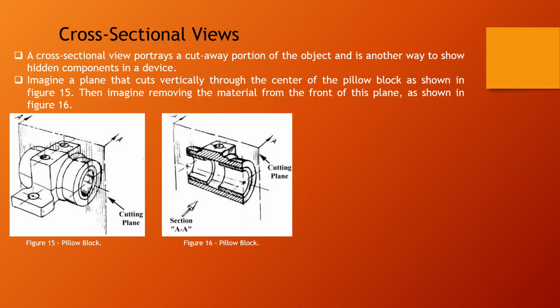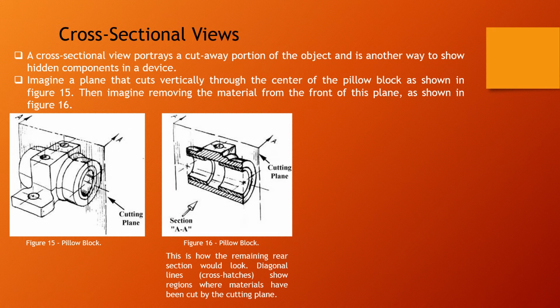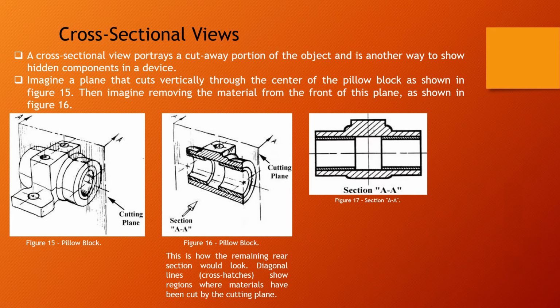Then imagine removing the material from the front of this plane as shown in figure 16. You can see it here. This is how the remaining rear section would look. Diagonal lines, that is the cross-sectional hatching, show regions where material has been cut by the cutting plane.